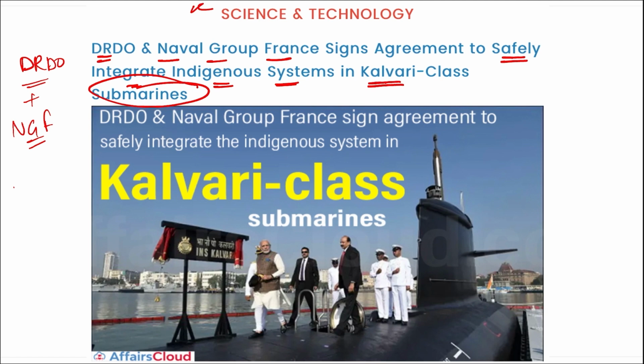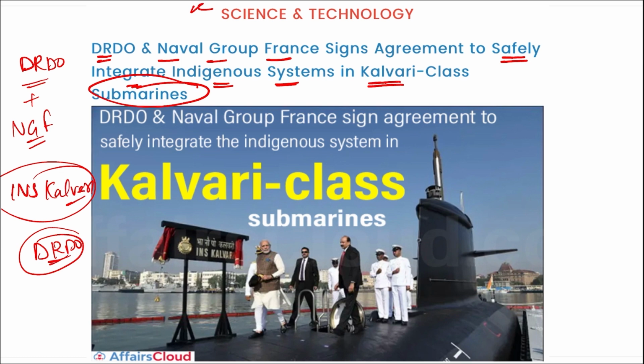According to this agreement, INS Kalvari class will soon be equipped with the fuel cell based air independent propulsion system of the Naval Material Research Laboratory. Also, this NMRL, that is the Naval Material Research Laboratory, is an Indian defense laboratory of DRDO.